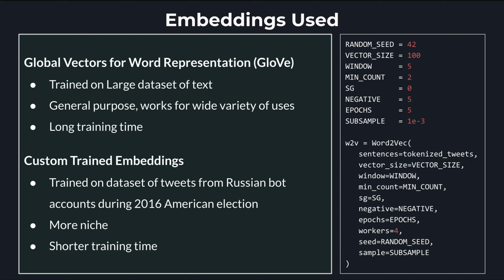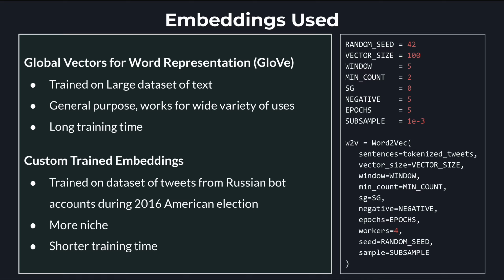The second type of embeddings were custom trained as part of this project. These were trained on a dataset of tweets from alleged Russian Twitter bot accounts during the 2016 American election. This dataset is much smaller and much more domain specific, which makes the embeddings more niche.